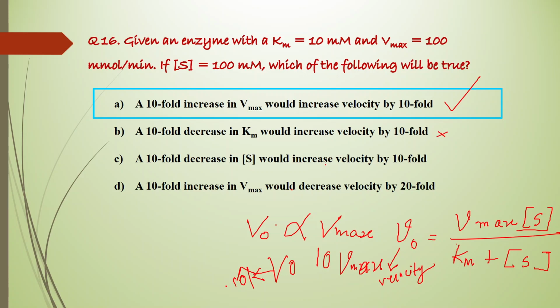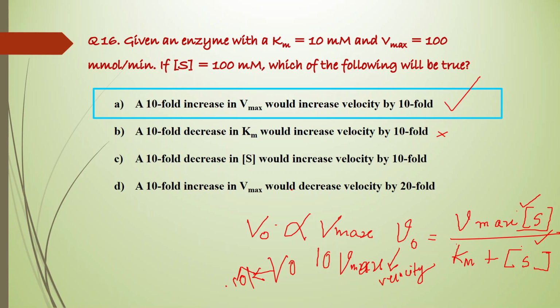The third option is again the same. A tenfold increase in S would increase the velocity by tenfold. So we can see from the equation that the S or substrate concentration is here and here as well. So if we are increasing it by tenfold, it will be like 10S in the upper portion and also 10S in the lower portion.